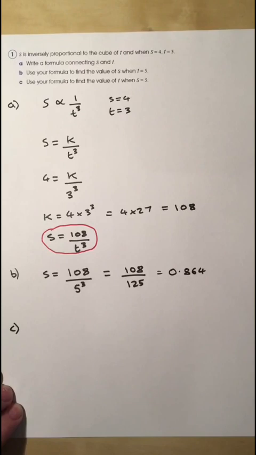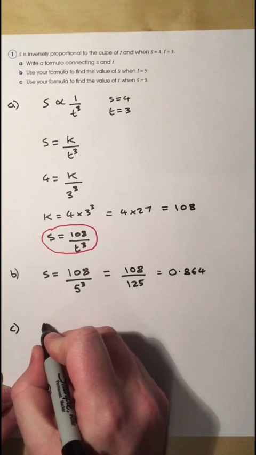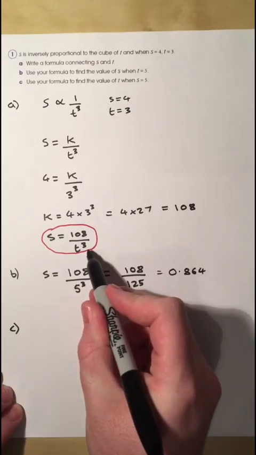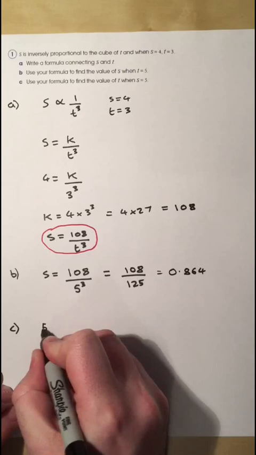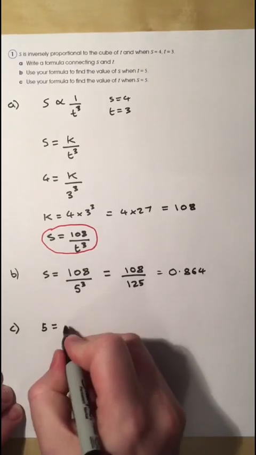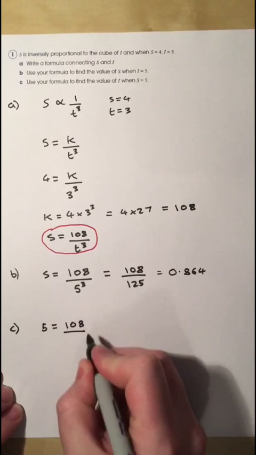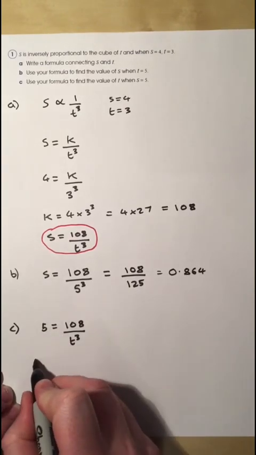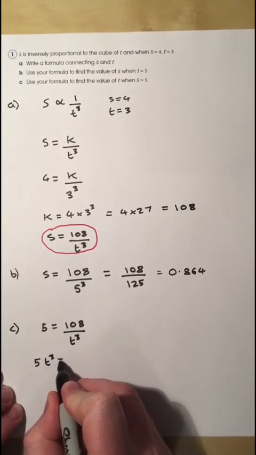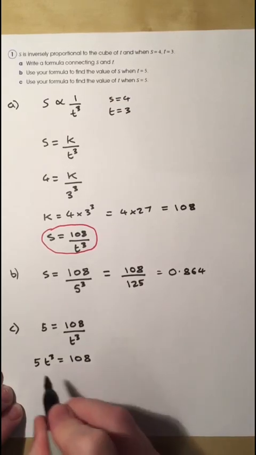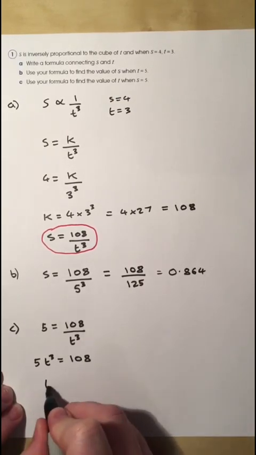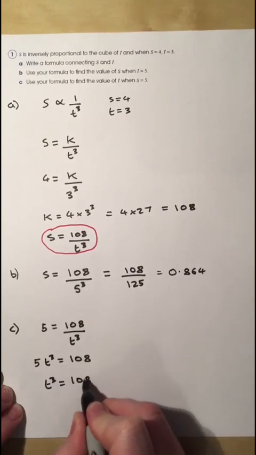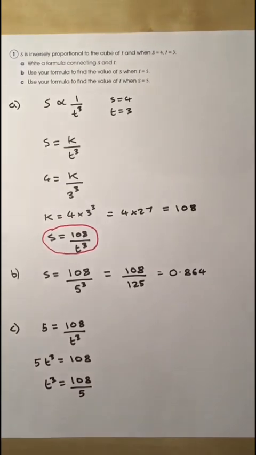So part C then, use your formula to find the value of t when S equals 5. So now, we rewrite this equation for S equals 5 this time, equals 108 over t cubed. Now we need to rearrange the formula. So if we take this over that side first, to get rid of the fractions, and then put the value of 5 back over this side, gives us that equation.